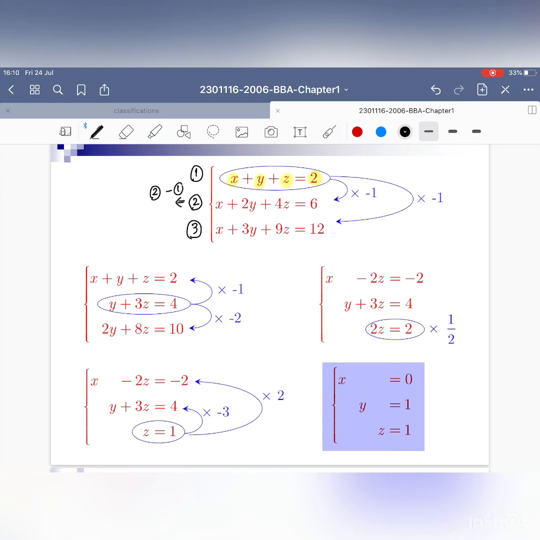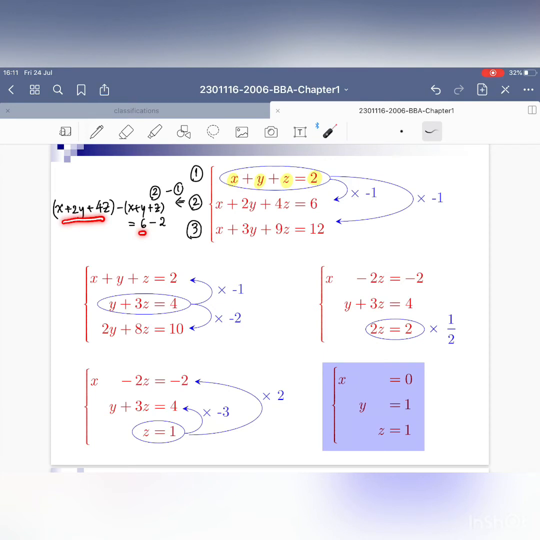So your number 2 on your left hand side is x and 2y and 4z. Your number 1 on your left hand side is x and y and z. And on your right hand side, your number 2 is 6, your number 1 is 2. So here you just adjust it in the same position.